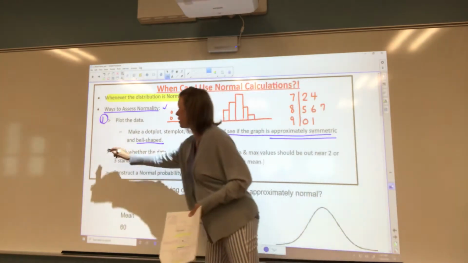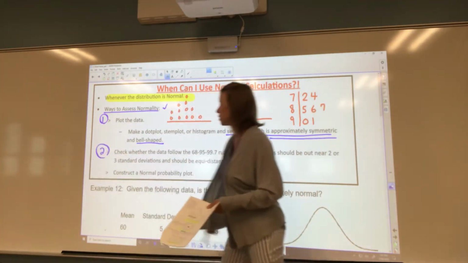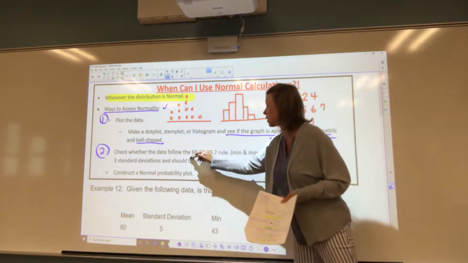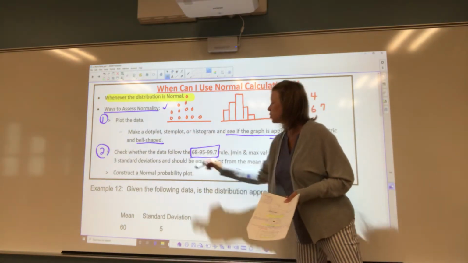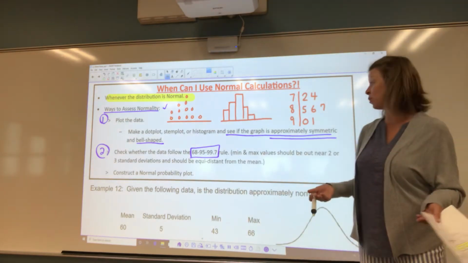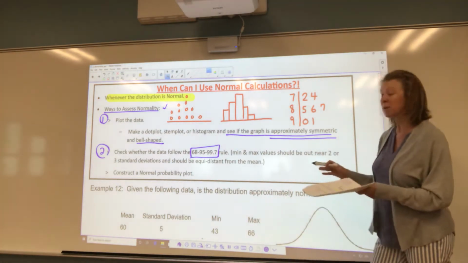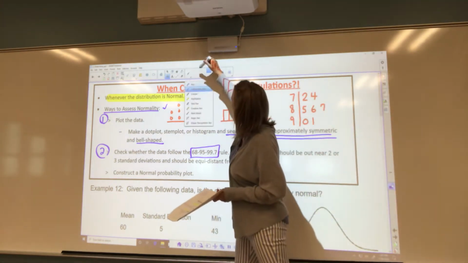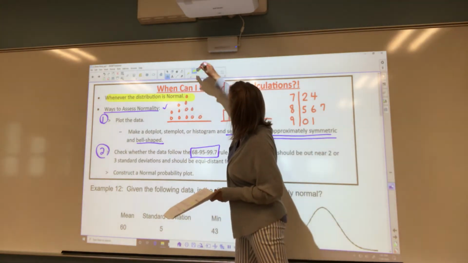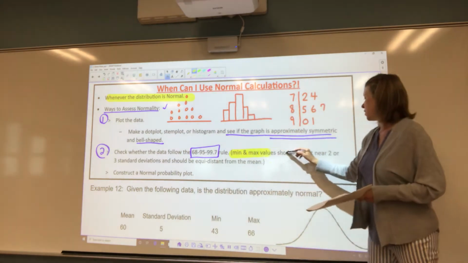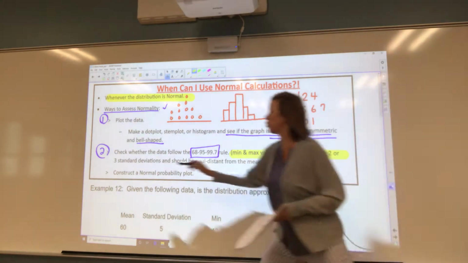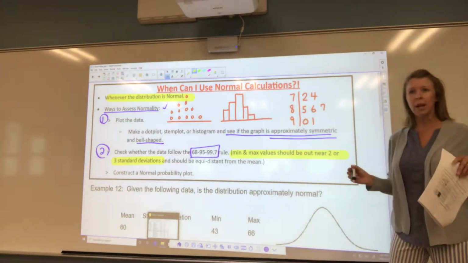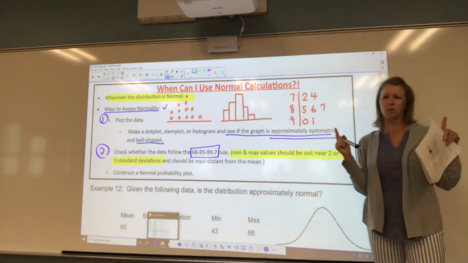A second possibility, and you'll see this with an example that we're going to do here, is just to check to see whether it feels like the data falls in that empirical rule, which is the 68, 95, 99.7 rule, okay? And typically what that means is that your max and your min values should be out about 2 or even 3 standard deviations from the mean, and they should be equidistant from the mean.